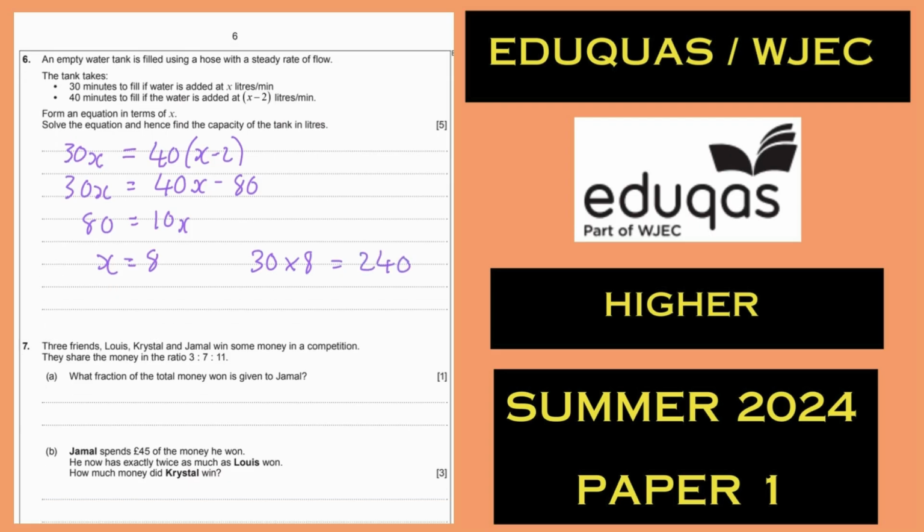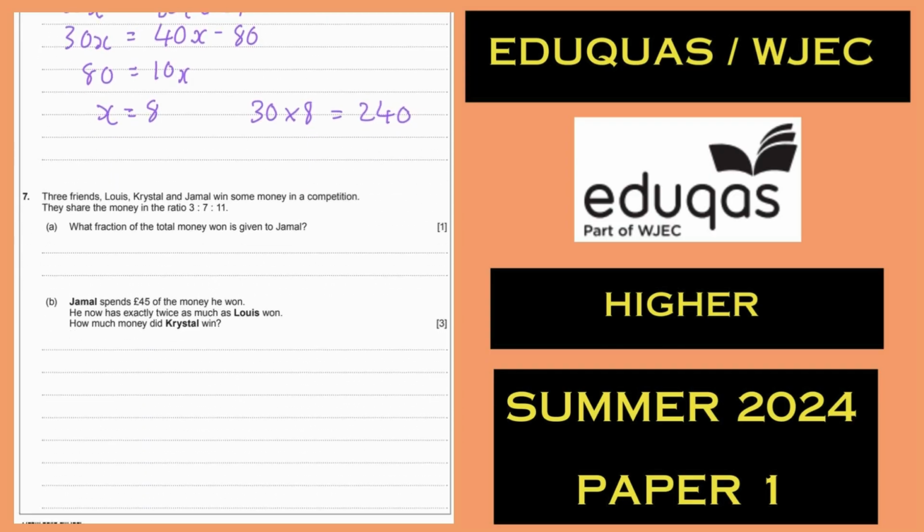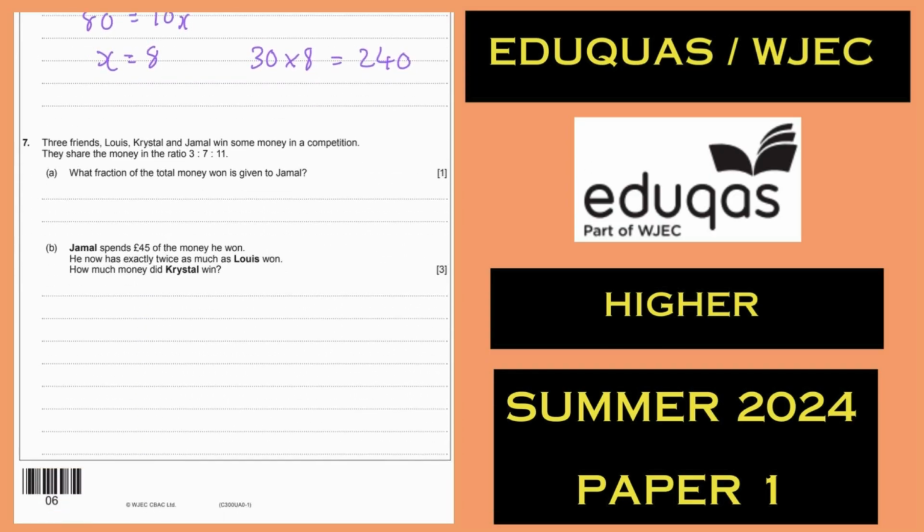240. Number 7. To go from a ratio to a fraction, we're only interested in J. J is the third person, so that's 11 out of the 3 plus 7 plus 11, 21 shares. Part B starts giving information.